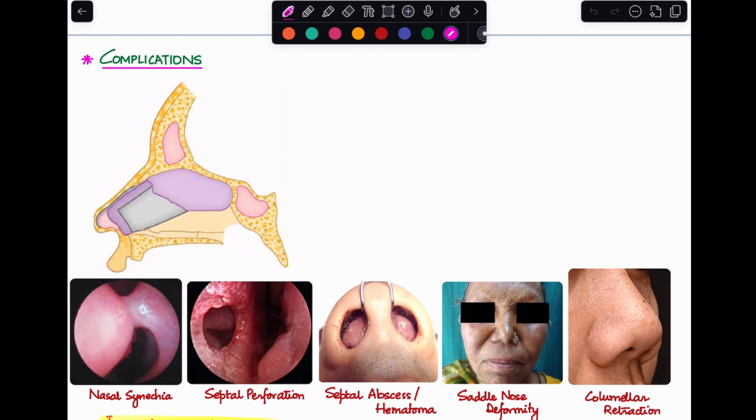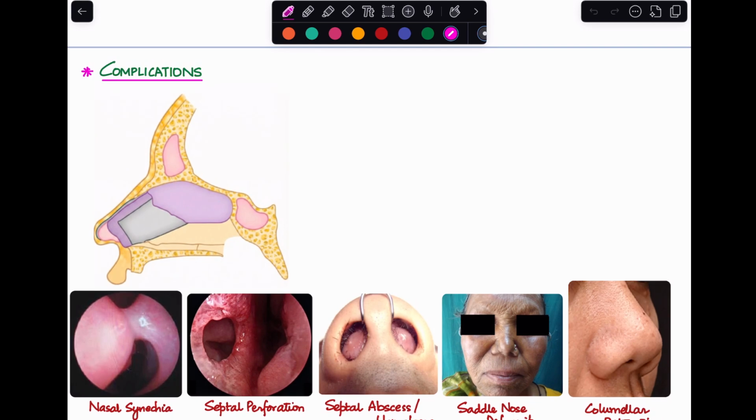So, whenever you're asked about complications of septoplasty, we'll not mention random complications in a haphazard manner. We'll first try to classify them. So, how do we classify them? First of all, you can classify into intraoperative and postoperative complications. Then, intraoperative itself can be divided into two types.